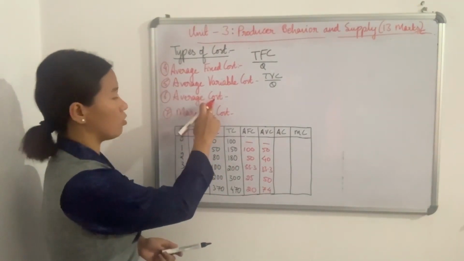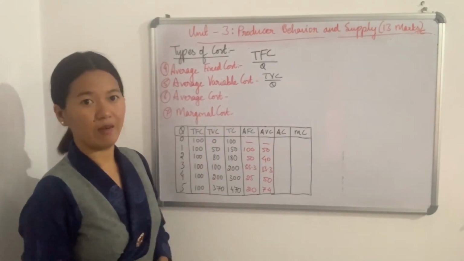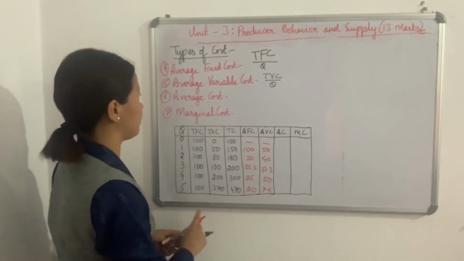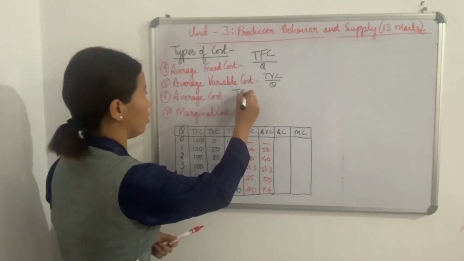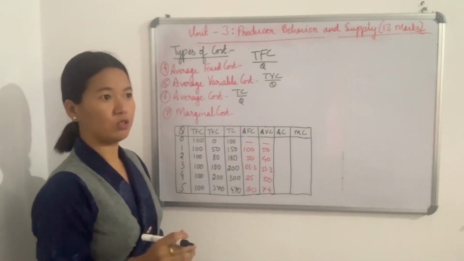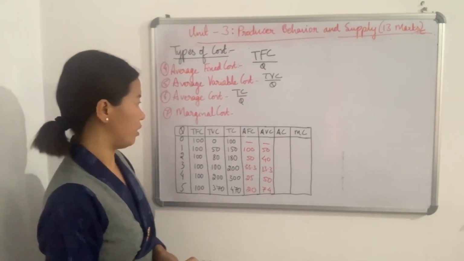Next is average cost, or we can also say average total cost. So average total cost is the total cost upon Q. That is how much sum of the cost we are spending for each unit of production.